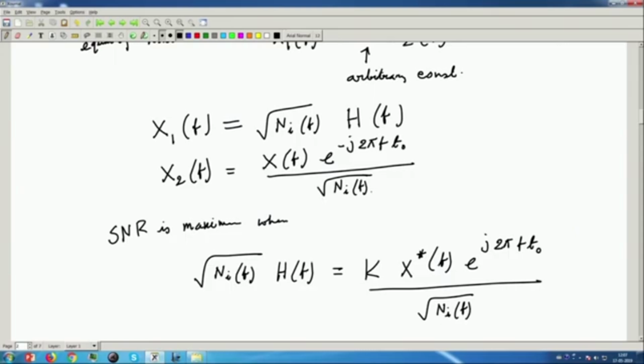This is a real number, that is why we can take this.